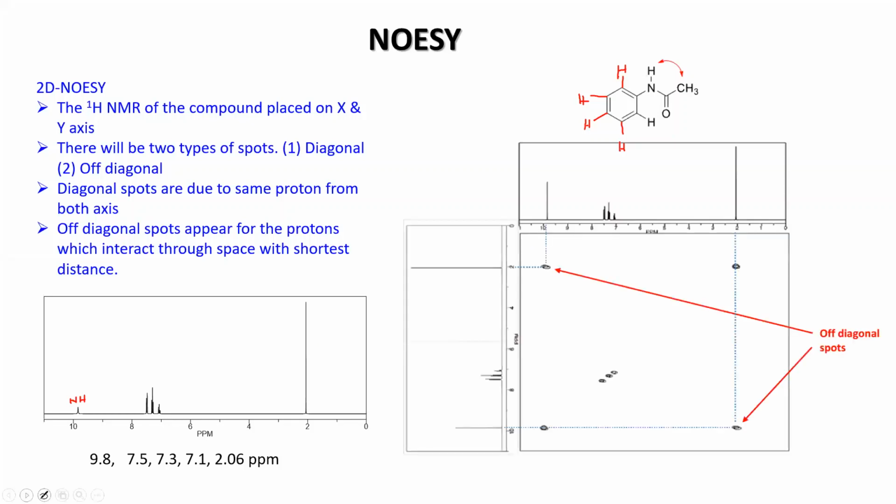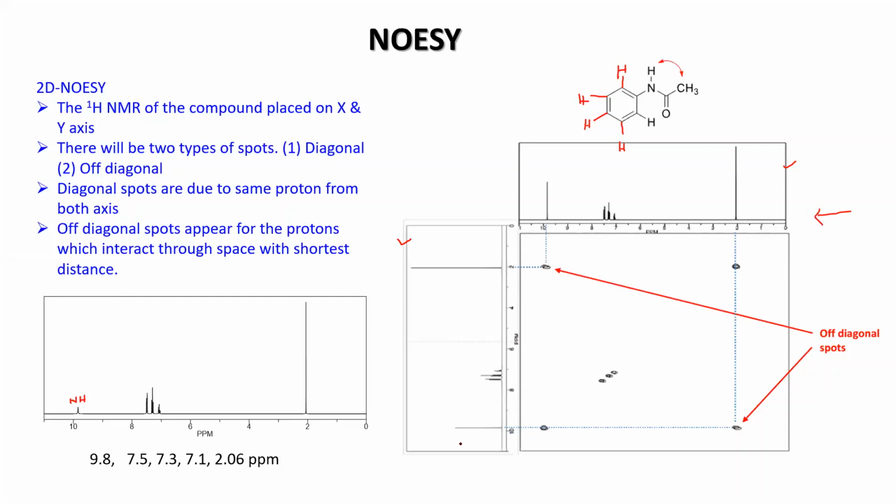Now the NOESY spectra, two-dimensional, will be looking like that, where the proton NMR we are placing at the x-axis and y-axis. So how are we placing? 0 to 10 in this direction, and here we are placing 0 to 10 in this direction.